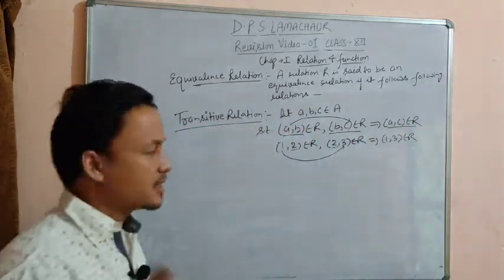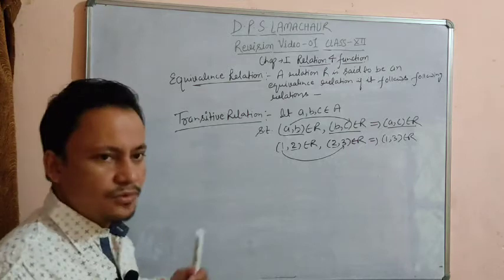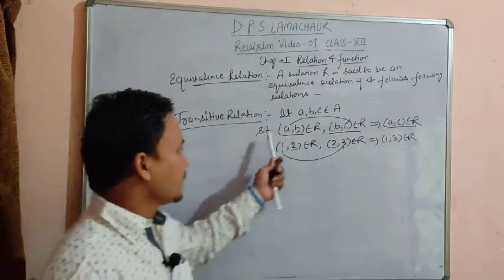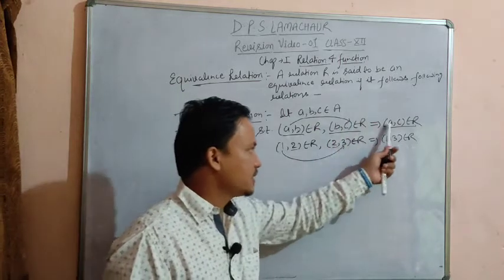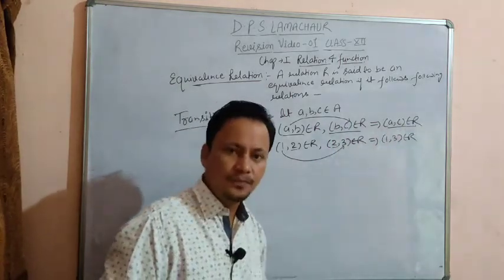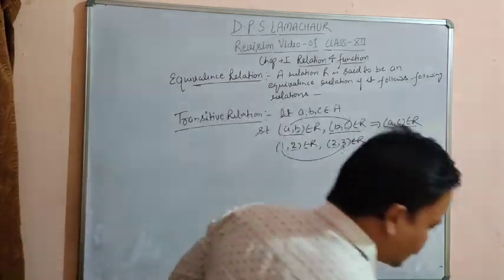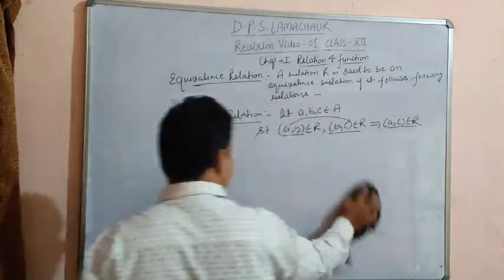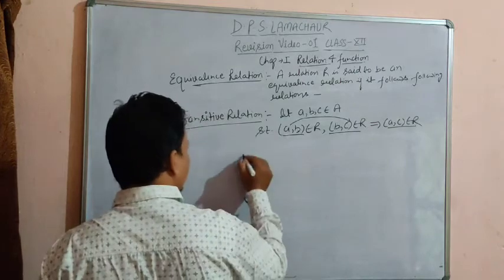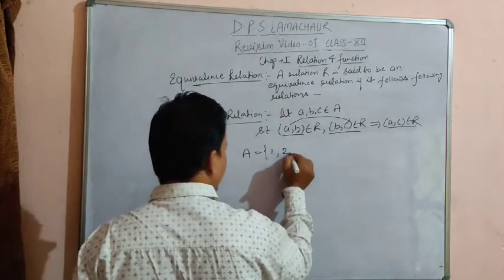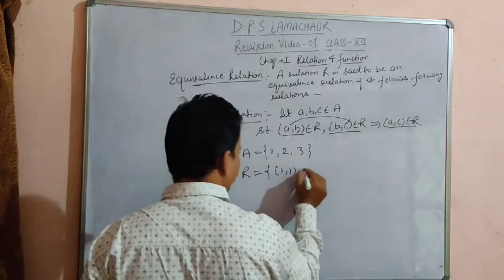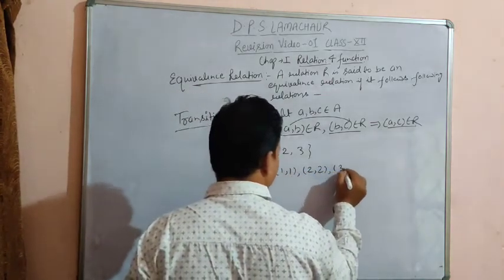In this case we can say the transitive relation exists. The relation will be transitive if A B belongs to R and B C belongs to R, then A C also belongs to R. Take some examples for transitivity to understand better. Let A be a set with elements 1, 2, 3, and the relations are: first, 1 1, 2 2, 3 3.